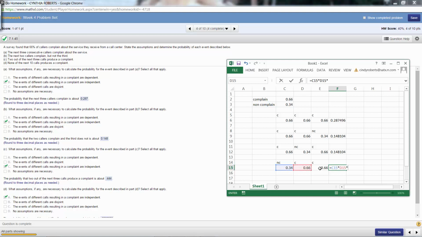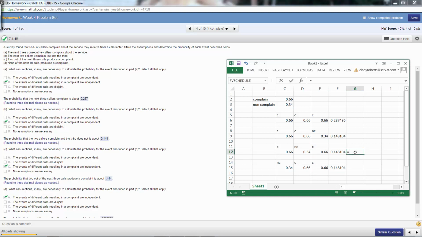And so when you read this, you're saying that the probability that 2 out of the 3 next callers produce a complaint means either the first 2 complained, or the first one and the last one complained, or the last 2 complained. And you're going, why is she saying or?